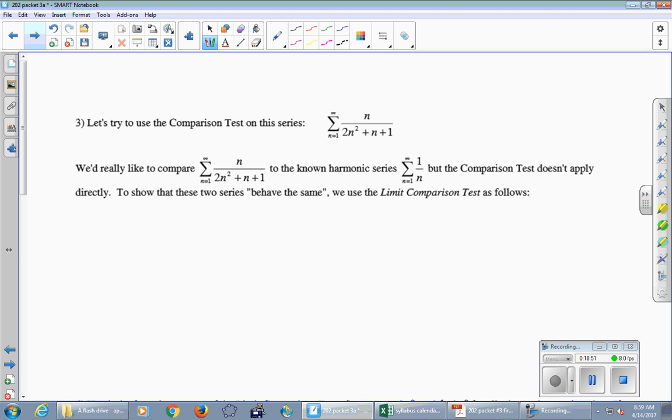Okay, remember I said we could be wishy-washy sometimes. What can I ignore in the bottom if I'm being wishy-washy? The plus n plus 1, right? It's only about the leading term. Okay, and if I reduce in that fraction, what do I get? 1 over 2n. So it feels to me like 1 over n is the thing. Like this is ultimately like 1 over n where I ignore some stuff.